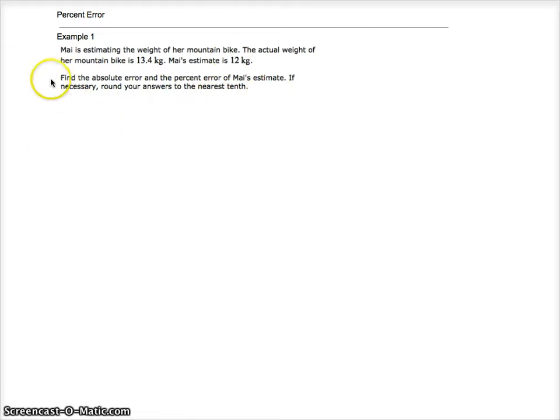Well, to find the absolute error, we're looking at the actual versus the estimate. So to find the absolute error, we just subtract the values.